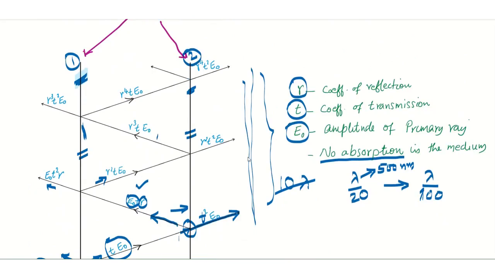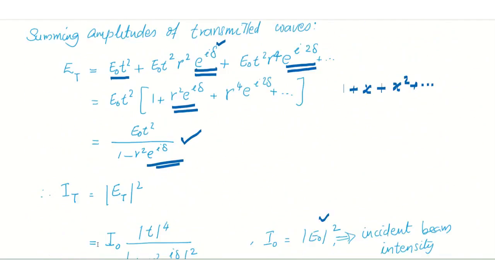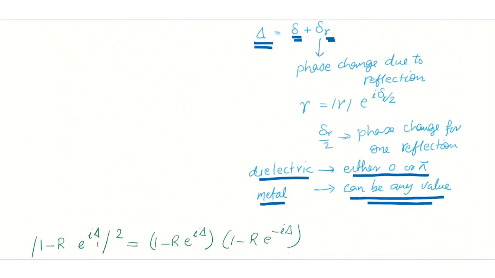These two plates 1 and 2 are partial mirrors, which means they have a coating on them. It can be either a metallic coating or a dielectric coating. The phase change we are talking about here can take a random value if you are using metal, and for a dielectric it's either 0 or pi.